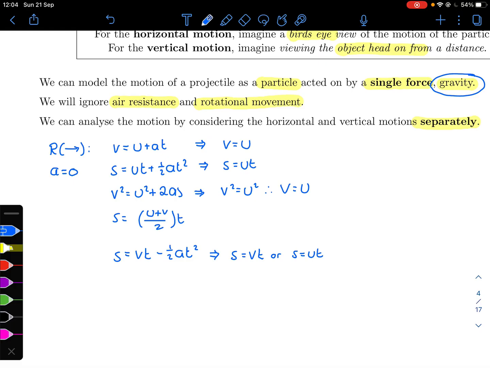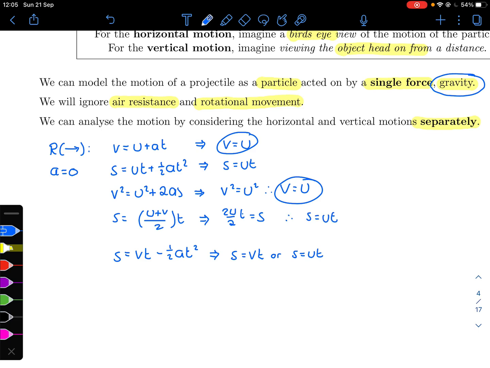And then the one I skipped doesn't have acceleration in it, but the u and the v, as we've seen, are equal to each other. So all we get there, if we replace the v with a u, is 2u over 2 times t equal to s. So once again we get s equals ut.